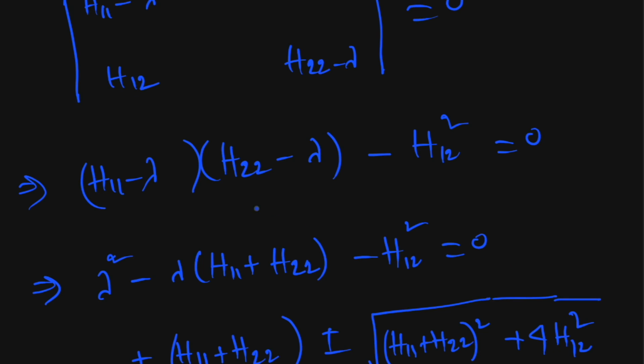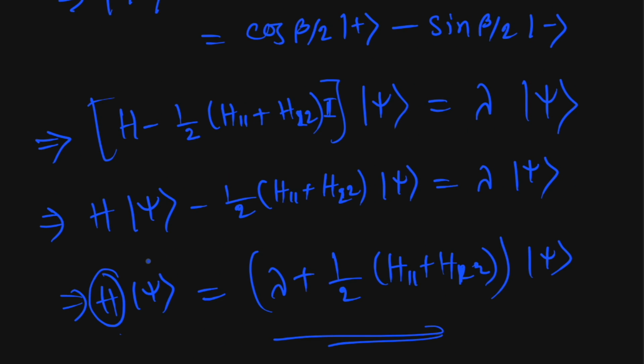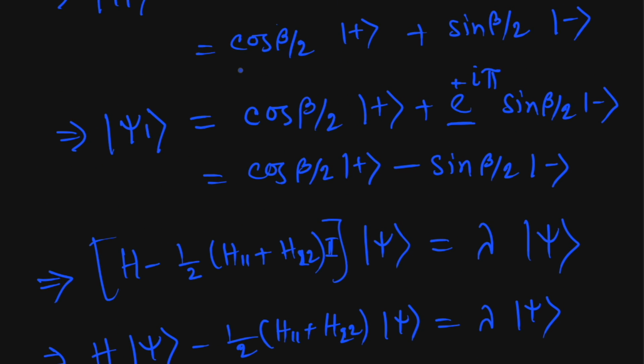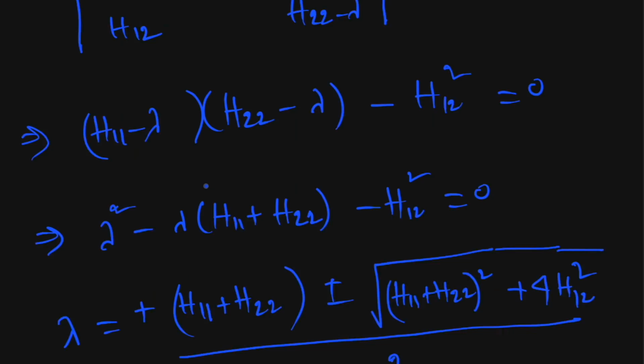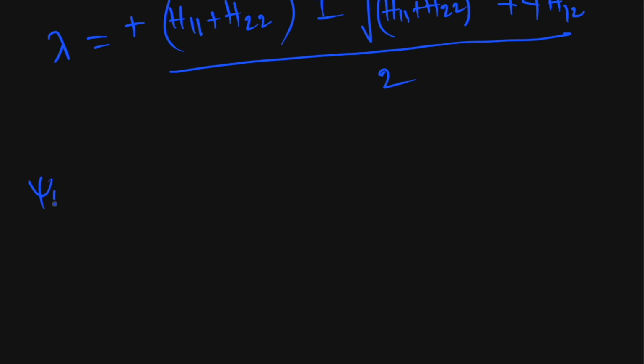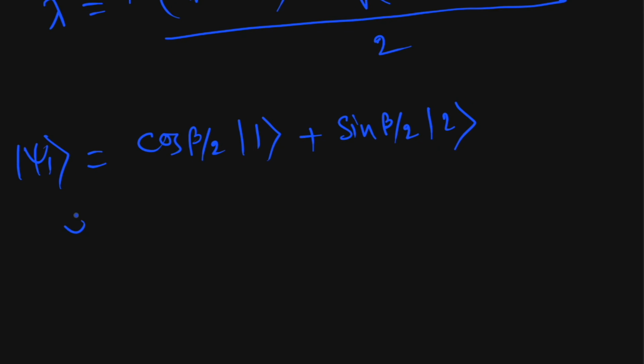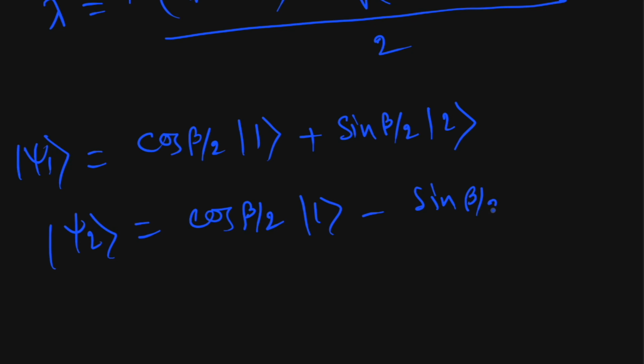These two are the eigenvalues of the Hamiltonian H, and the corresponding two eigenvectors are cos(β/2)|1> plus sin(β/2)|2>, and cos(β/2)|1> minus sin(β/2)|2>.